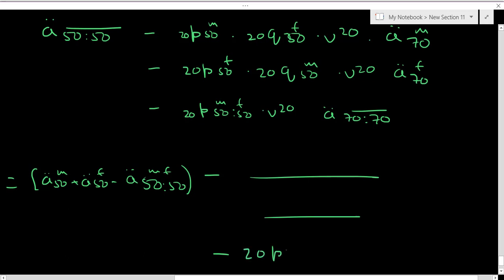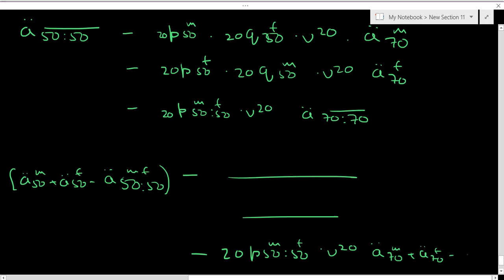So this becomes 20p50 m 50f v to the power of 20 into A due 70 m plus A due 70 f minus A due 70 70 mf.